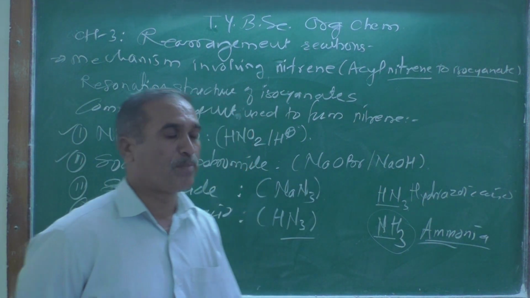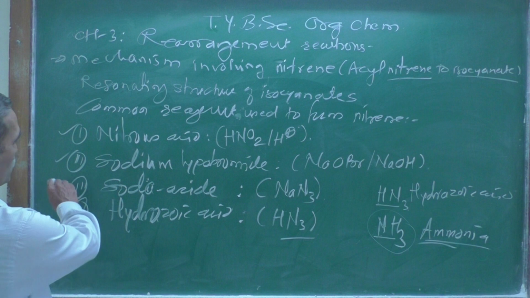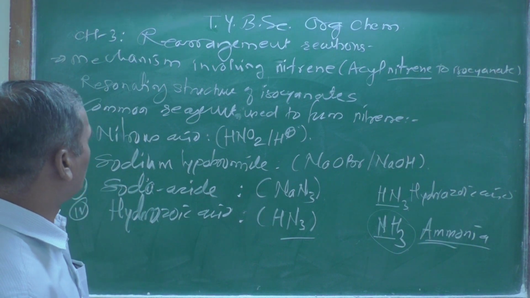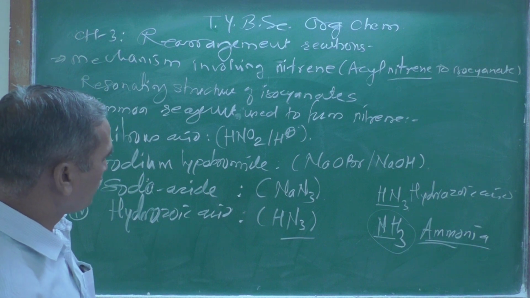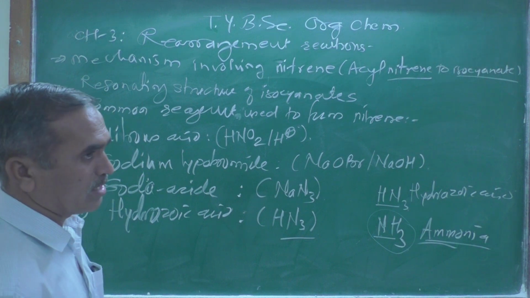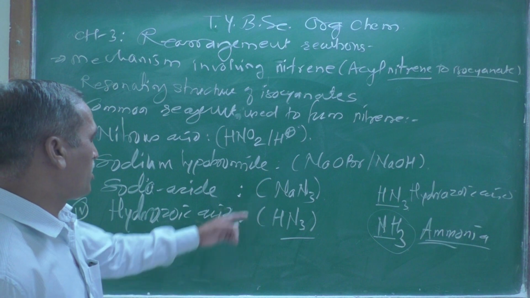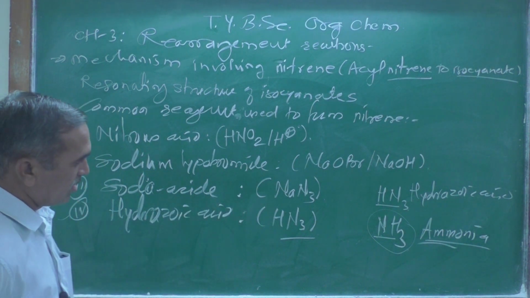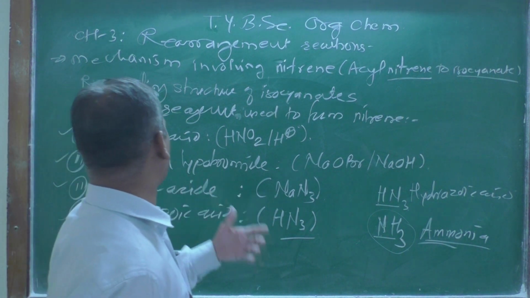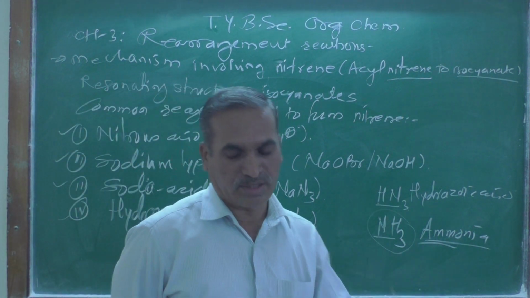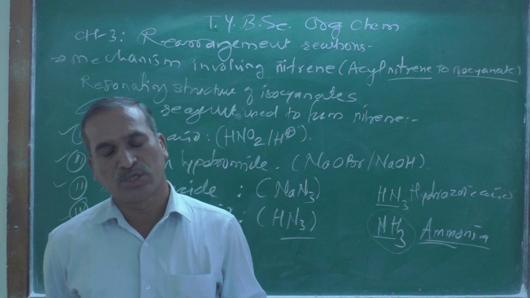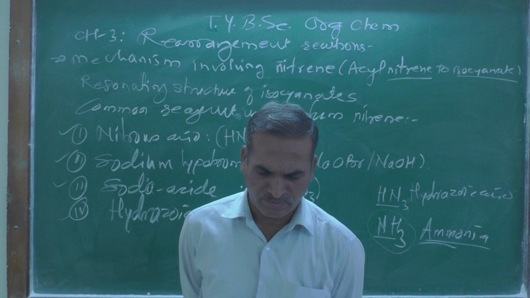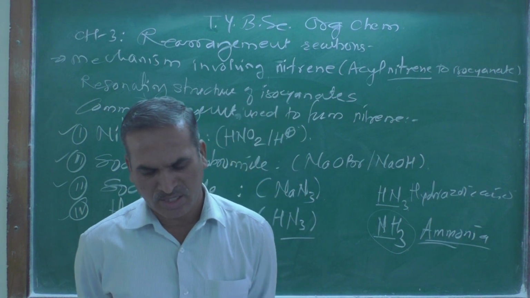Soda azide we use in the Curtius rearrangement reaction, and hydrazoic acid in the Schmidt rearrangement reaction. So these are the different reagents used in different rearrangement reactions.